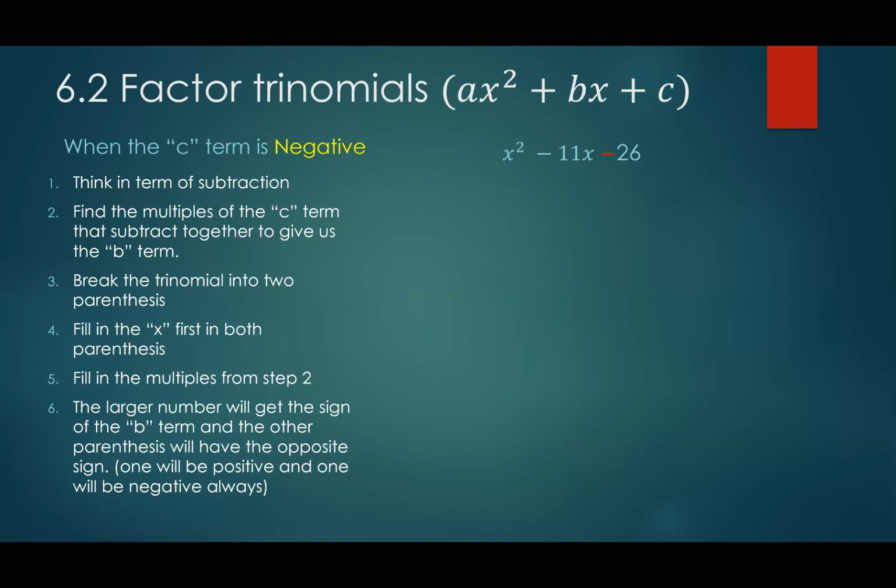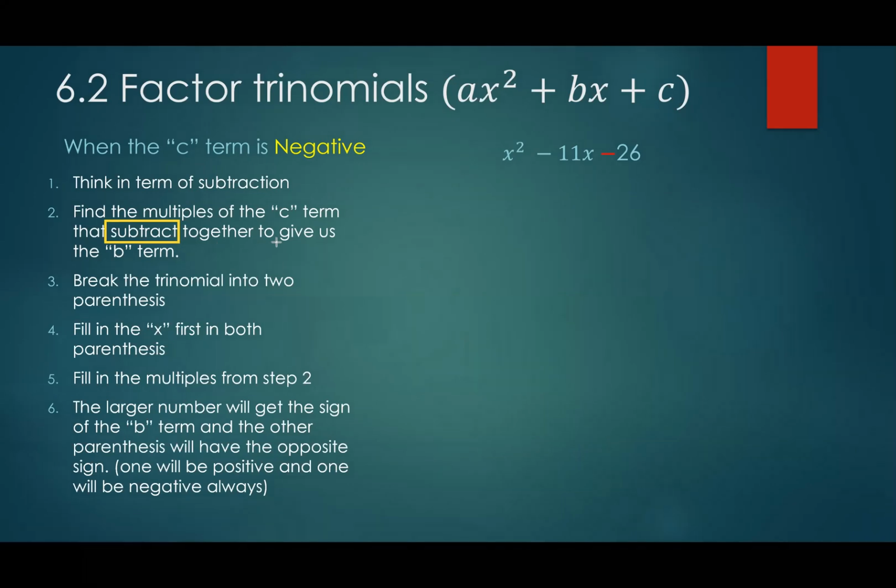As you can see, in the previous problems I gave you, the C term is positive, and when the C term is positive, we think in terms of addition. Now, if the C term is negative, and this is what I ask you to remember, we think in terms of subtraction, okay?